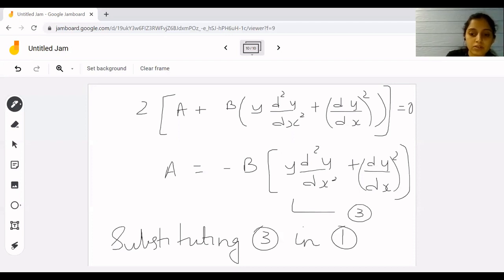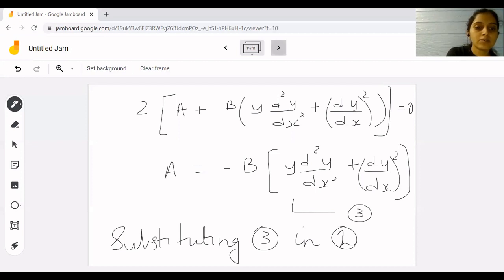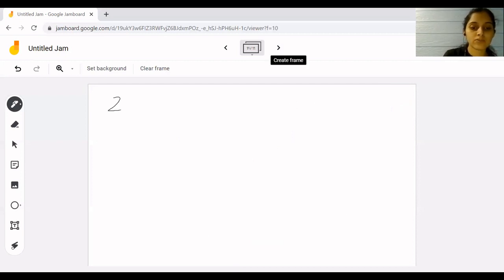Okay, so in 2, not 1. So what is our second equation? It says 2ax plus 2by dy by dx. Okay, so we have 2, instead of a, what do we have to write?